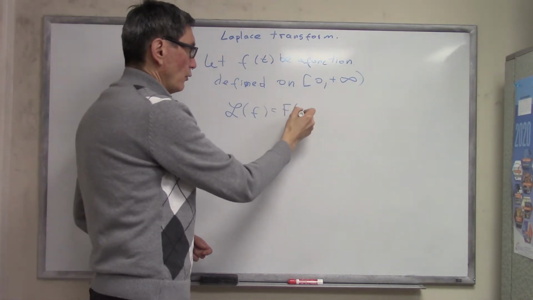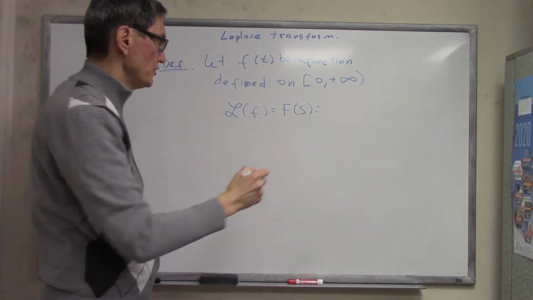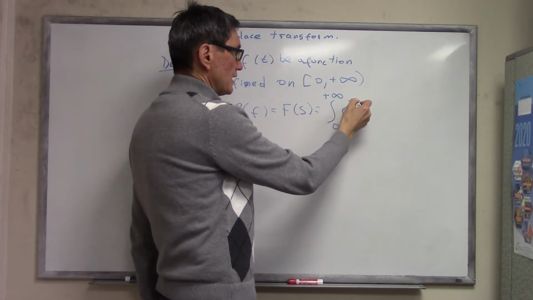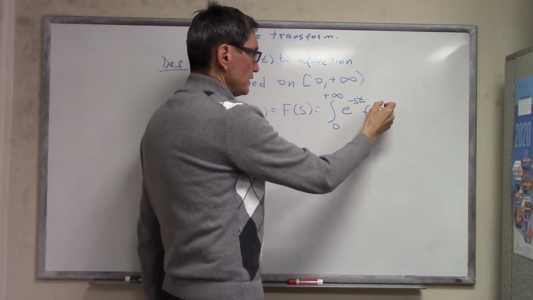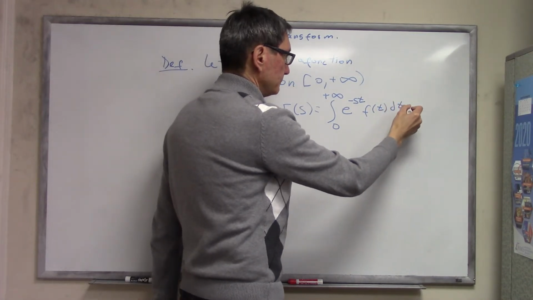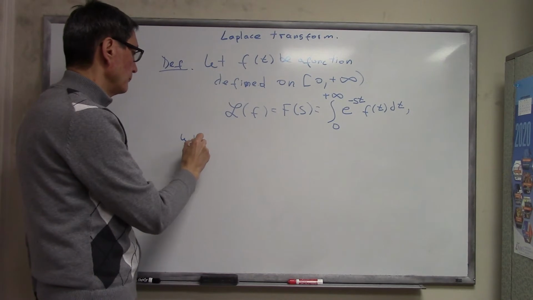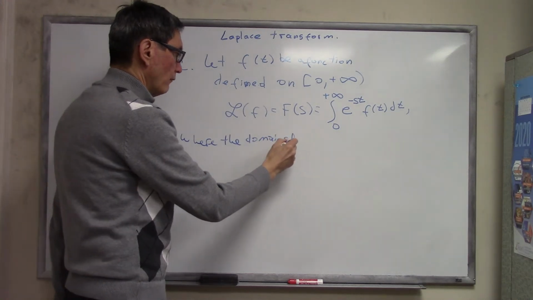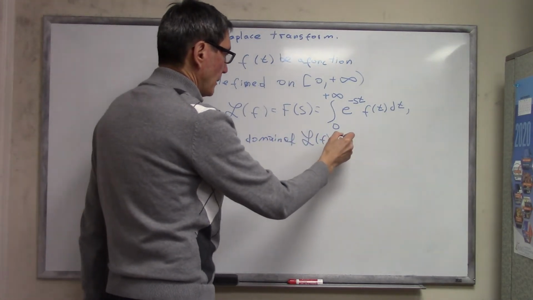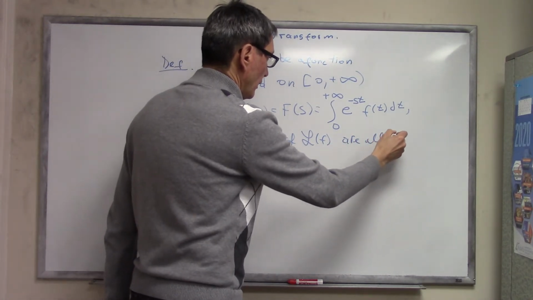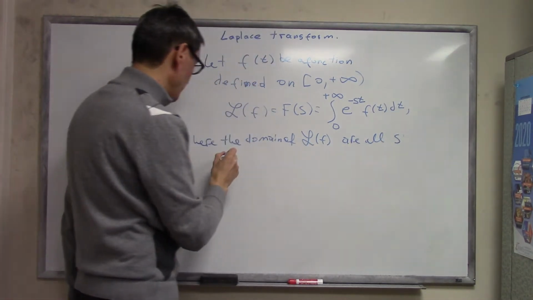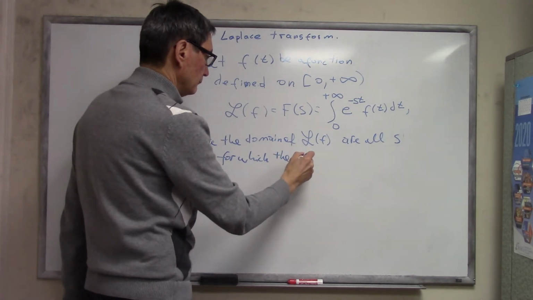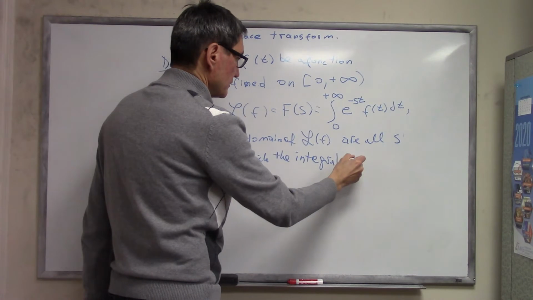we're going to often call it F of s, equals the integral from 0 to plus infinity of e to the negative st f of t dt, where the domain of L of f are all s for which the integral exists.